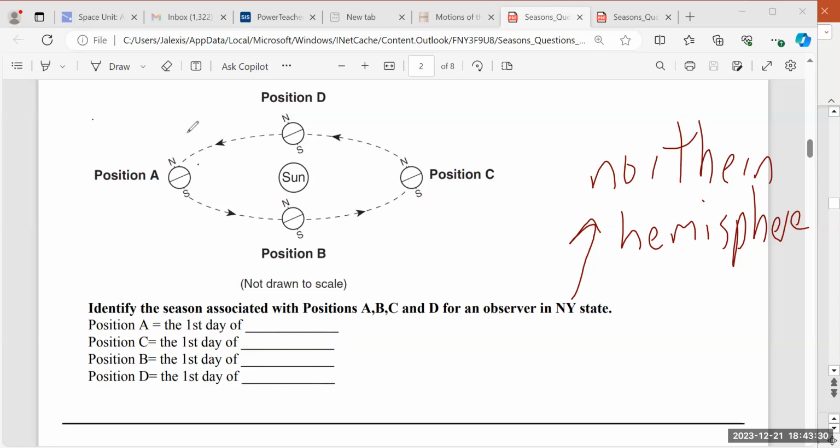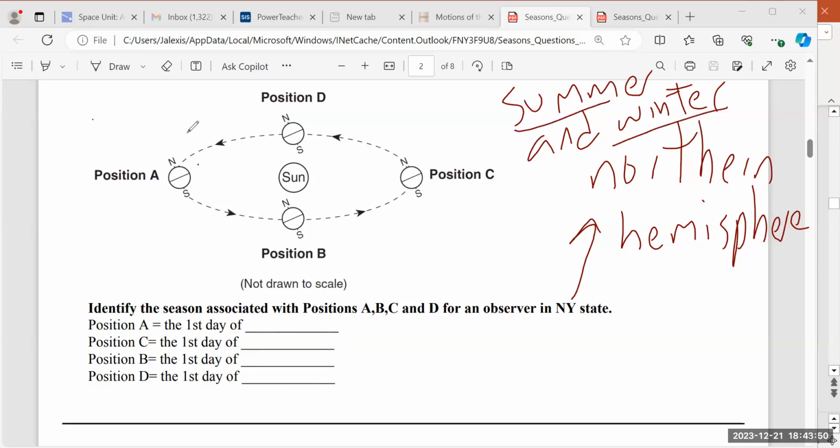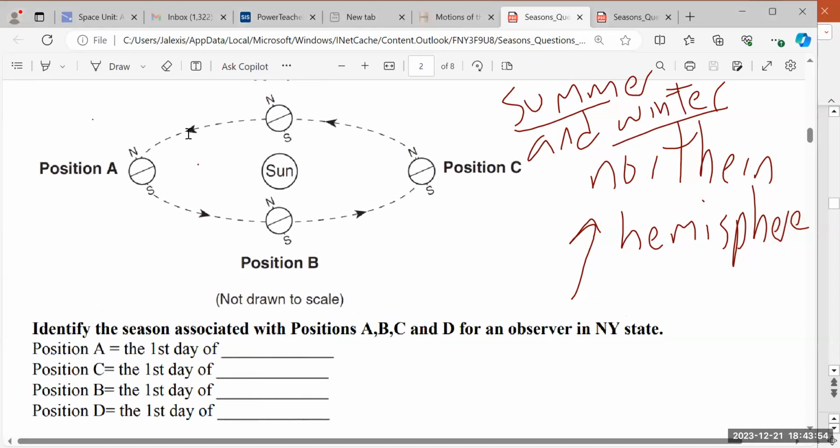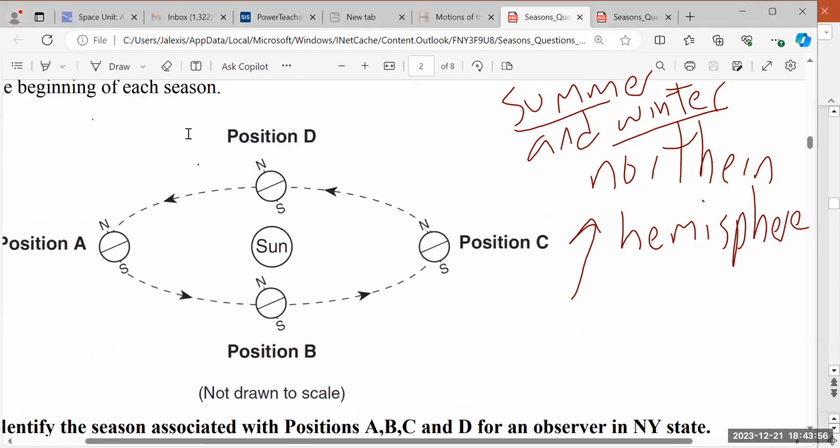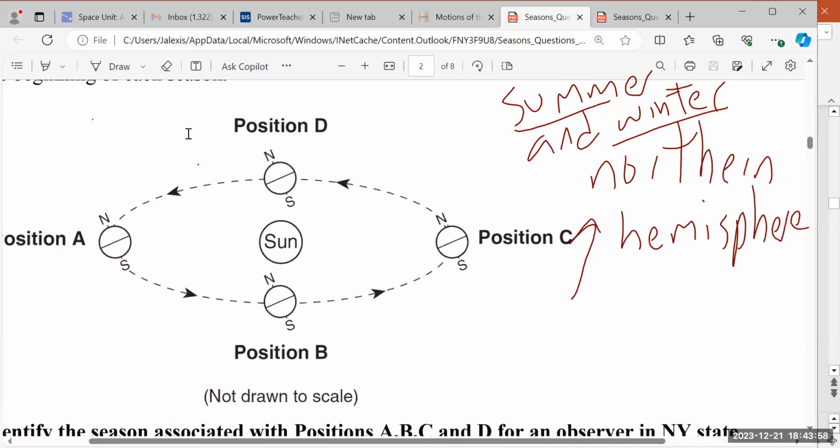And remember, when you're doing these types of problems, the easiest thing to identify is summer and winter. Once you identify either one of these, you can find everything else. In order to identify summer and winter, we've got to look at the North Pole. Let me zoom this in more. We've got to look at where the North Pole is tilted.